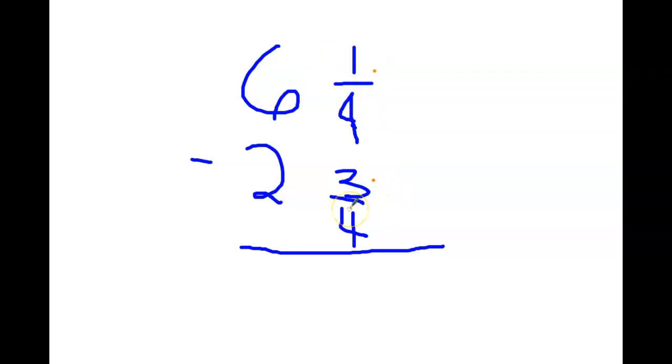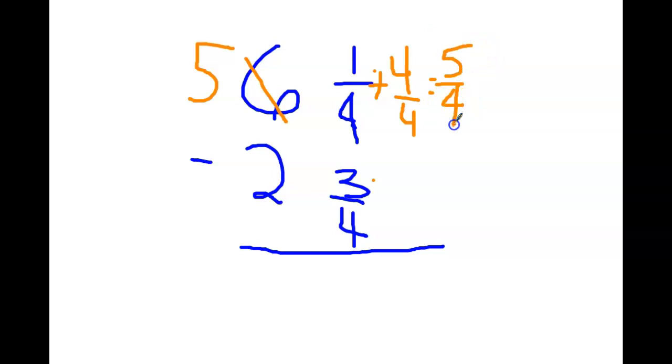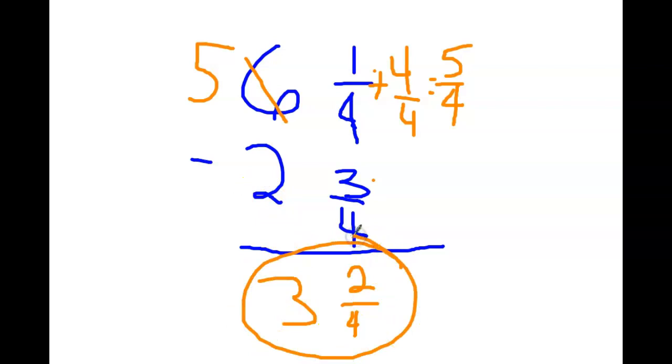I can't do 1/4 minus 3/4, so I'm borrowing from the 6 and make it a, good job, 5. And then what fraction am I going to add to my 1/4 that represents a whole? Good job, 4/4. So I'm going to add 4/4. What is 4/4 plus 1/4? Excellent, 5/4. Now I can subtract. Now what is 5/4 minus 3/4? Excellent, 2/4. And then 5 minus 2 is, good, 3. So my answer is 3 and 2/4.